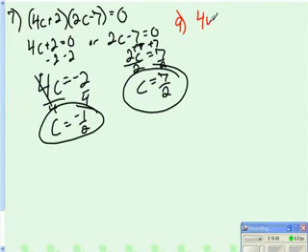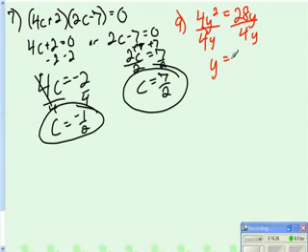Number 9. We have 4y squared equals 28y. Well, this one's a little bit different. I don't have a 0. But I can divide something out of both sides to get rid of it. I could divide this by a 4 and a y. Let's start there.